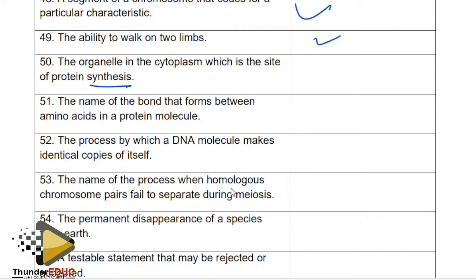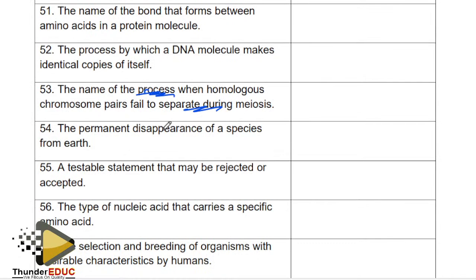How do we call that? They're saying the process is non-disjunction, failing to separate during meiosis, but which phase? It is anaphase. So we call it non-disjunction. Permanent disappearance of species from the earth is extinction.